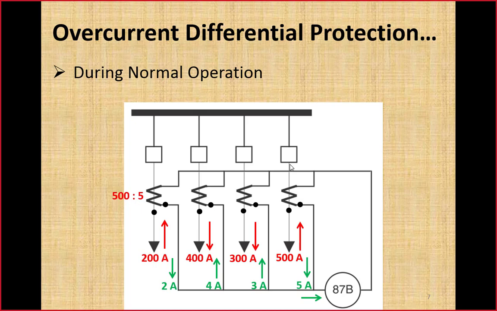So their algebraic sum will become 0, because we can see here the total 7 ampere is flowing towards the node and 7 ampere current is flowing away from this node. So this is the current that we get here towards the differential branch, and this is the required operation. We don't want any current to flow towards our differential branch during the normal operation of power system, which is clear from here in this diagram.